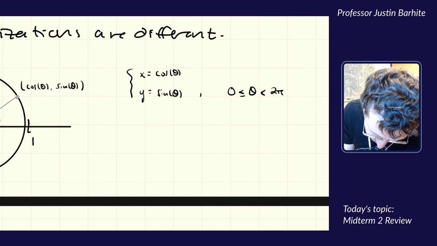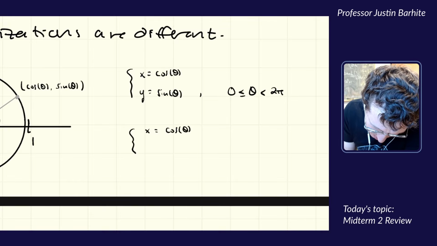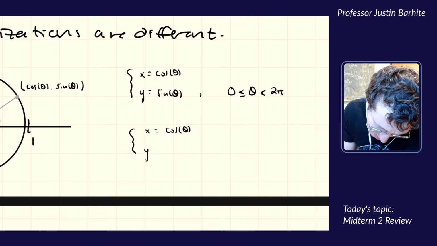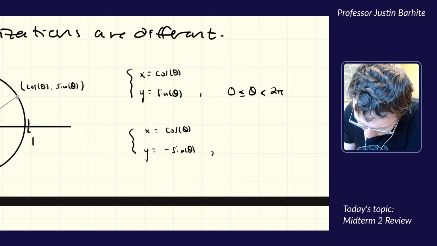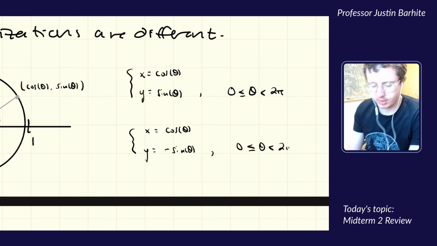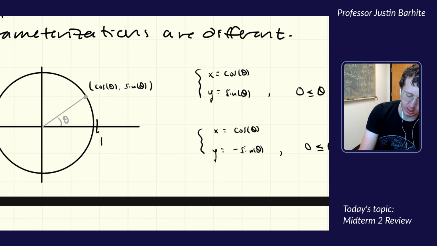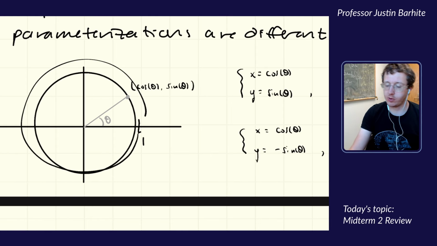Another parameterization could be the same x-coordinate, cosine theta, but y could be minus sine of theta. The difference here is that the first parameterization goes counterclockwise around the circle, the second parameterization goes clockwise around the circle.